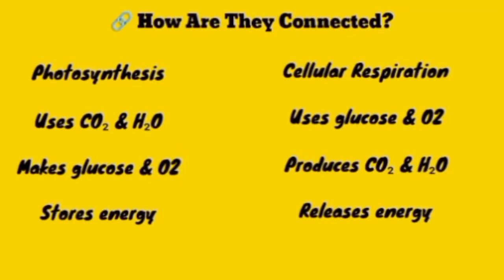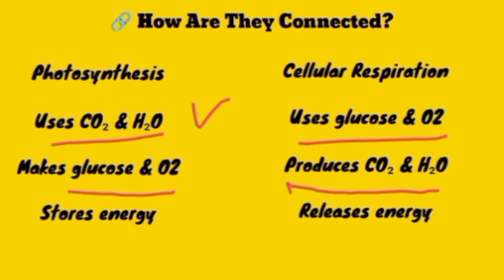If we compare both processes, photosynthesis and cellular respiration, we can say that in photosynthesis plants use carbon dioxide and water, and in respiration plants use glucose and oxygen. In photosynthesis plants make glucose and oxygen, while in cellular respiration they produce carbon dioxide and water.